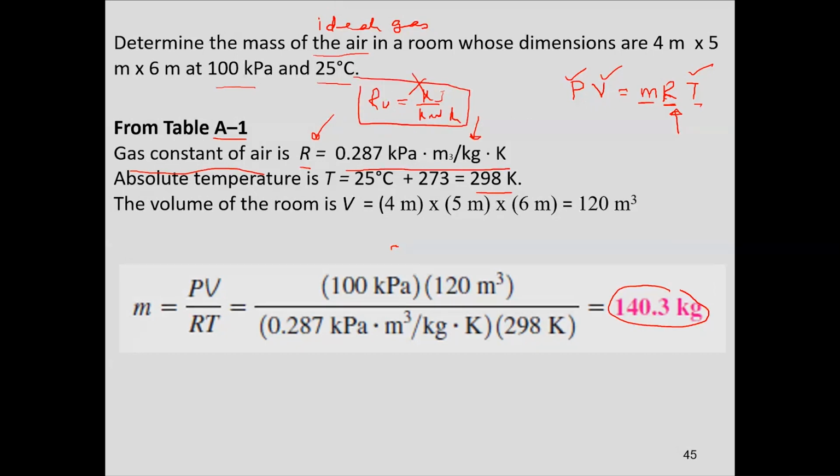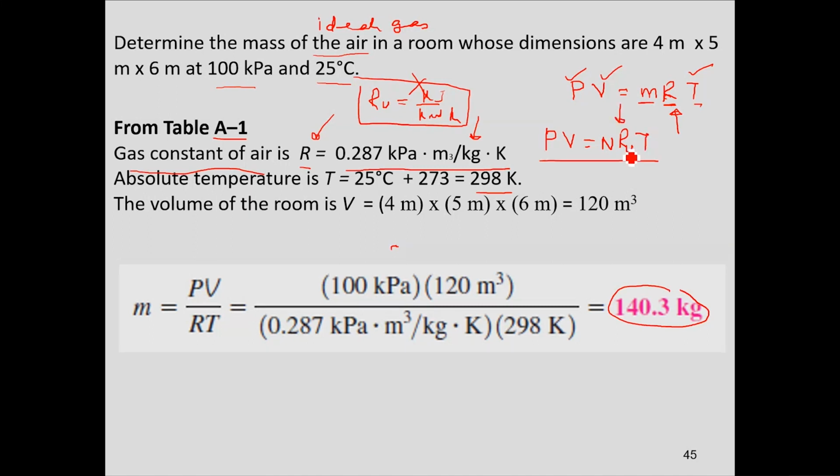Sir, in this ideal gas equation, we did not study mRT, we studied nRT, in which we were told the number of moles. Beta, were you sleeping in the last class, where we discussed when you have to use PV equals nRuT, where Ru is the universal gas constant?